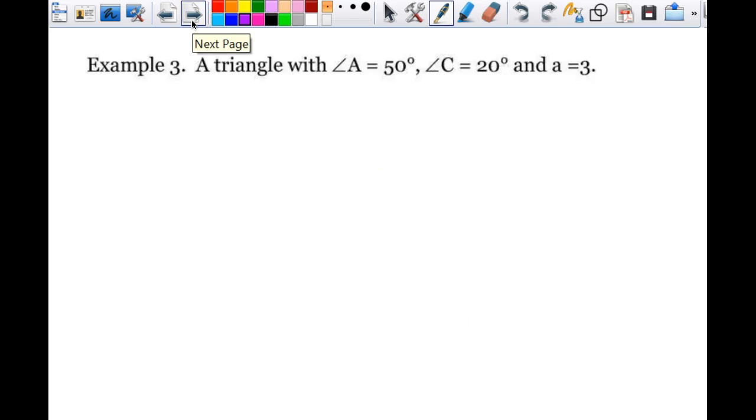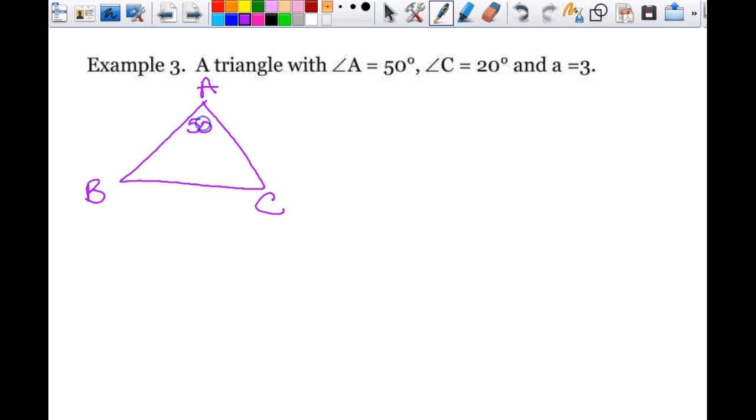All right, so now we have a triangle. It has angle A. Well, we know there's an A and a C because of the way this is written. We don't even know what the third letter is. Most likely it's B. So we'll use B. So A is 50, C is 20, and little a is 3.